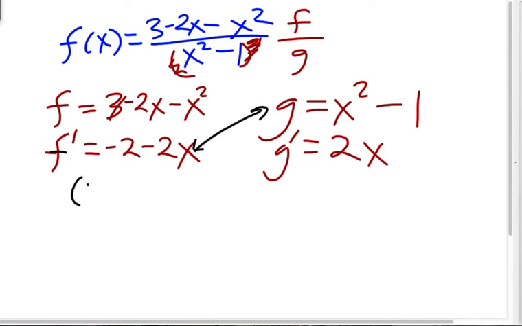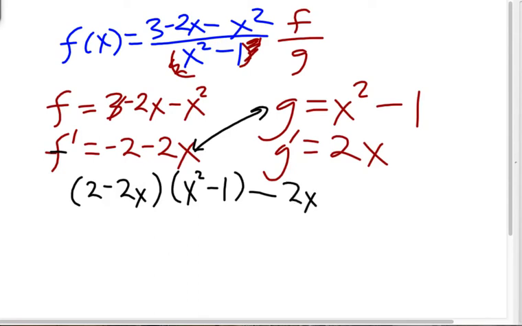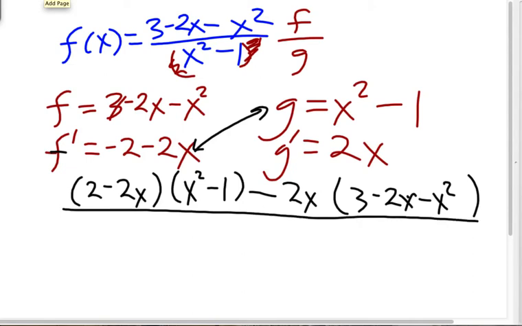I'm going to have f prime, which will be 2 minus 2x, times (x squared minus 1), minus, and then I will have g prime, 2x, times (3 minus 2x minus x squared), and that will all be over (x squared minus 1) squared.